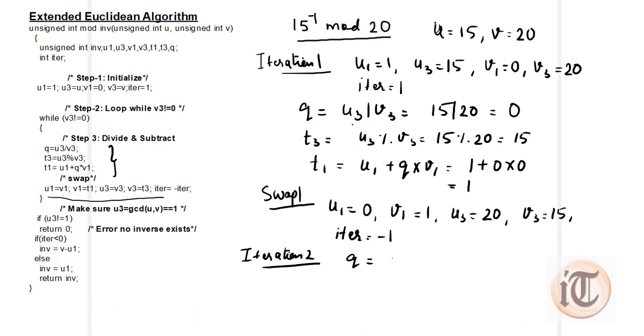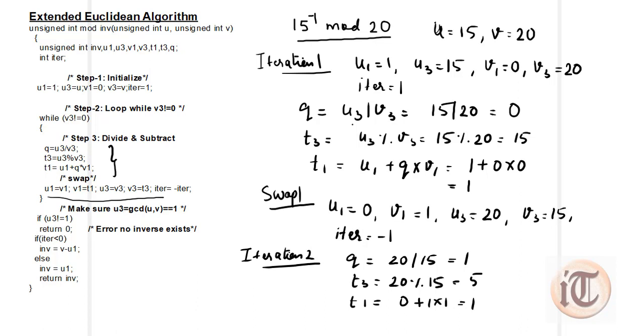So the quotient becomes 1. The value of T3 is the remainder when we divide u3 by v3. So 20 mod 15, the remainder will be 5. Then we calculate the value of T1. T1 is u1 plus q into v1. So we substitute all the values. This becomes 0 plus 1 into 1, which is 1.